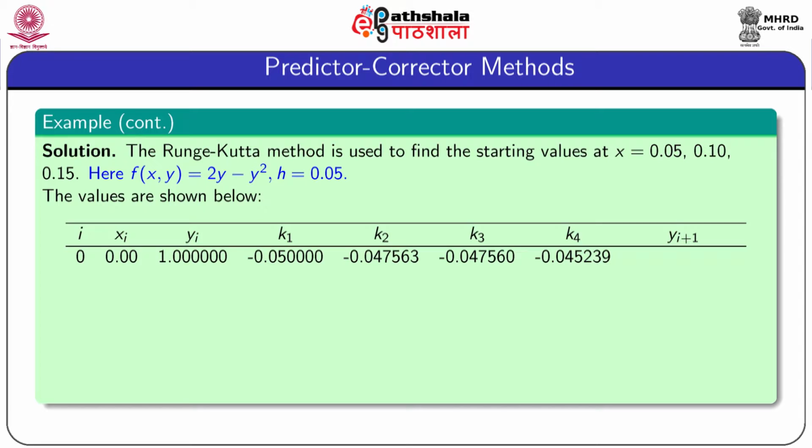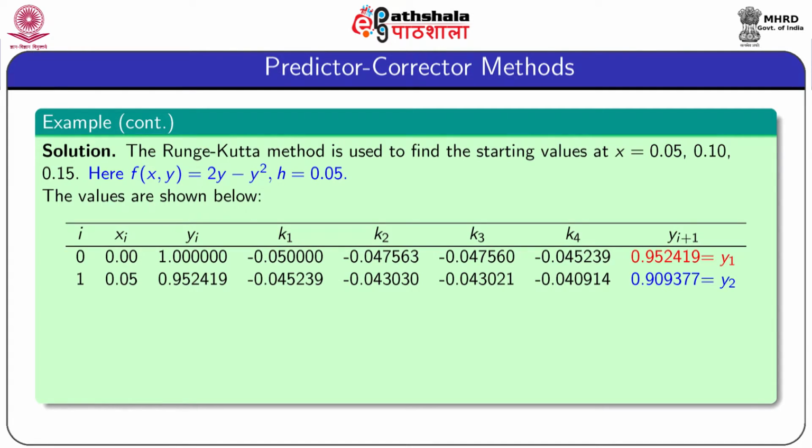For these values, we apply the fourth order Runge-Kutta method to find the value of y1. The first row of this table represents the values of x_i, y_i, k1, k2, k3, k4, and using these we calculate y1, which is equal to 0.952419. So this is the first starting value.